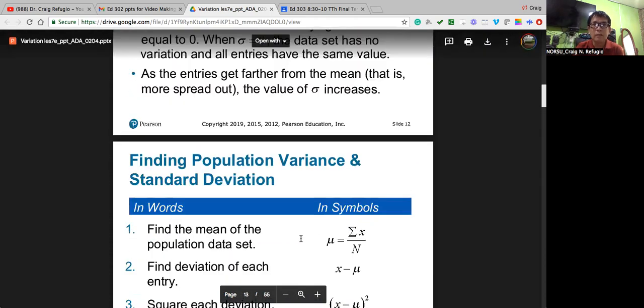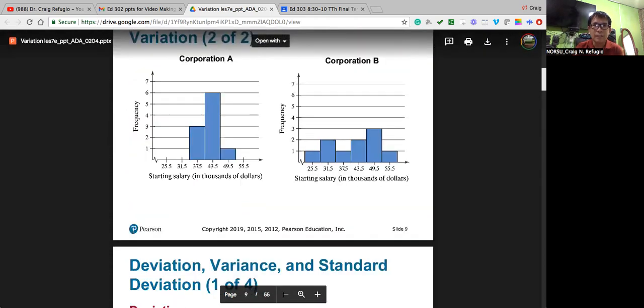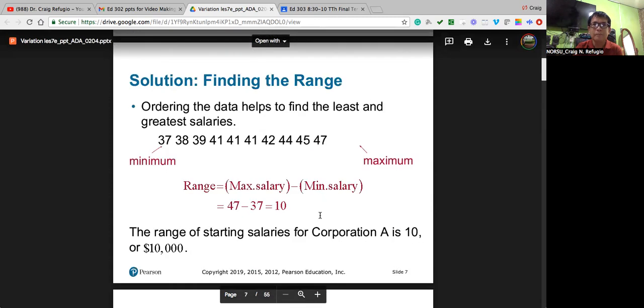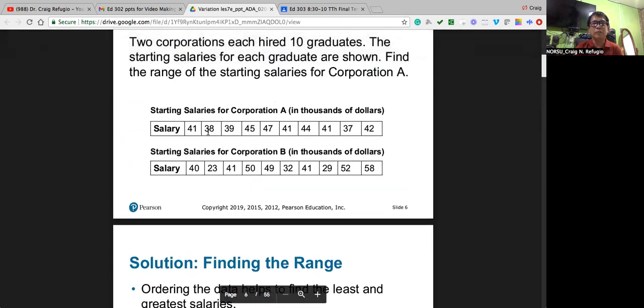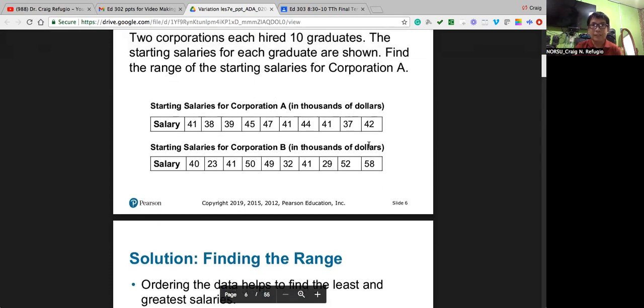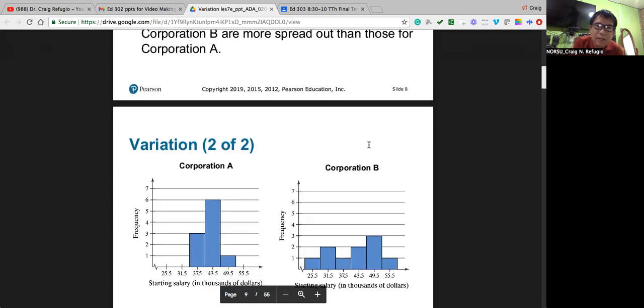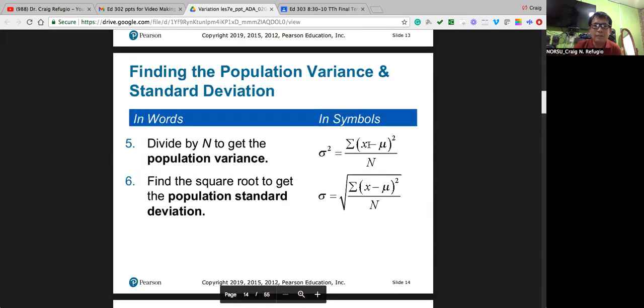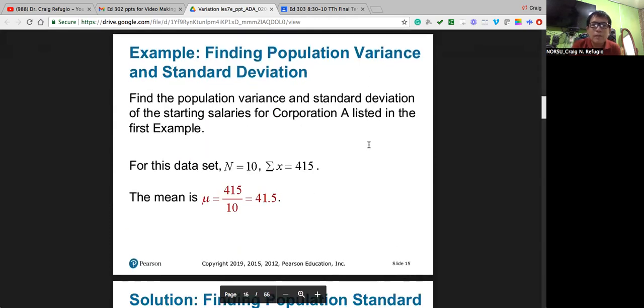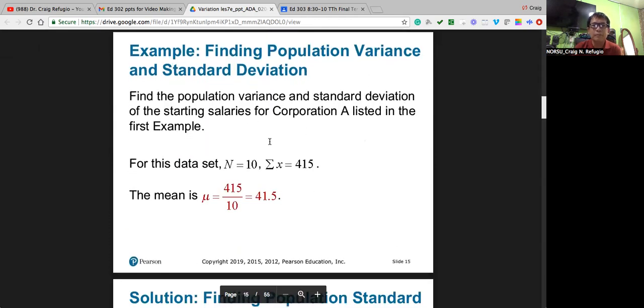We have Corporation A from 41, 38, 39 up to 42. This is the data that we are calculating the standard deviation for. So mu is equal to 415 divided by 10, so 41.5.